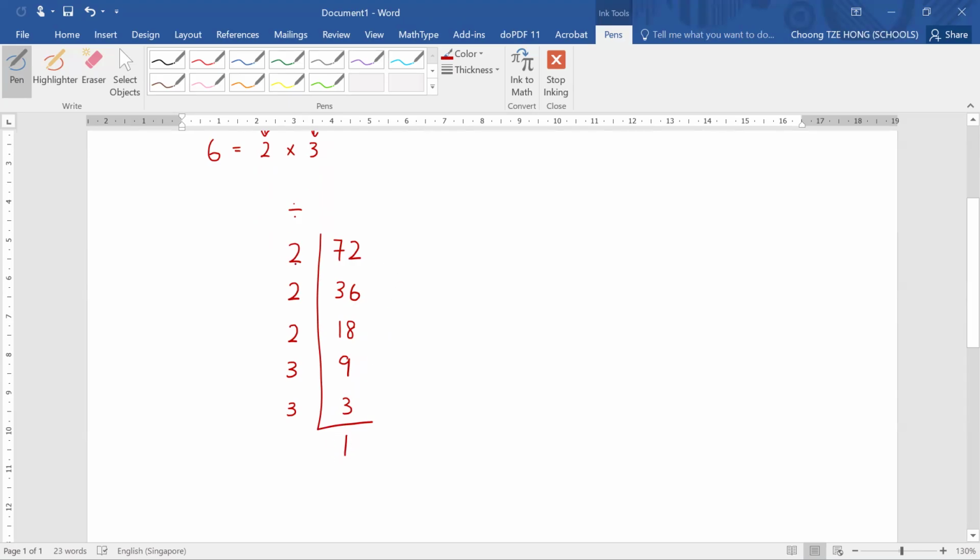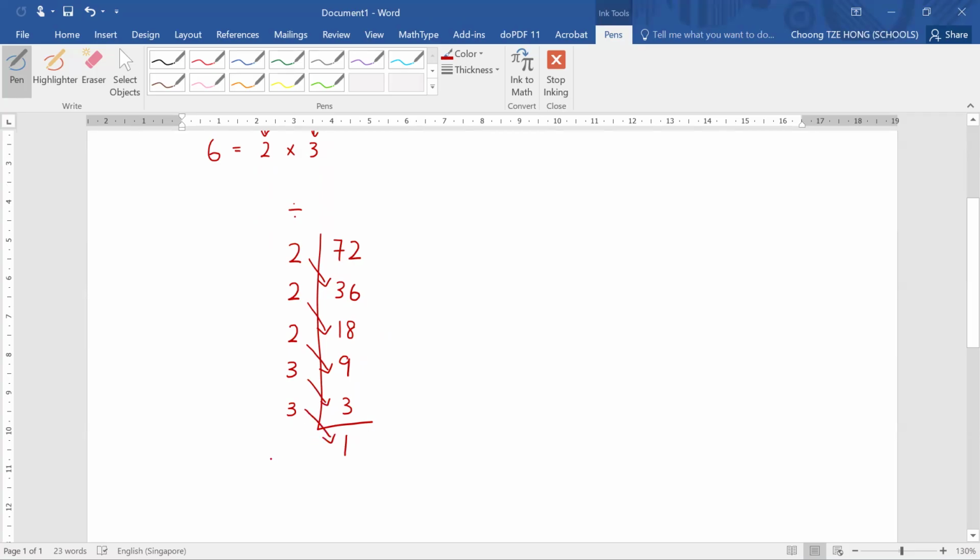Now you see over here, 72 divided by 2, we get 36. 36 divided by 2, you get 18. 18 divided by 2, you get 9. 9 divided by 3, you get 3. 3 divided by 3, you get 1.